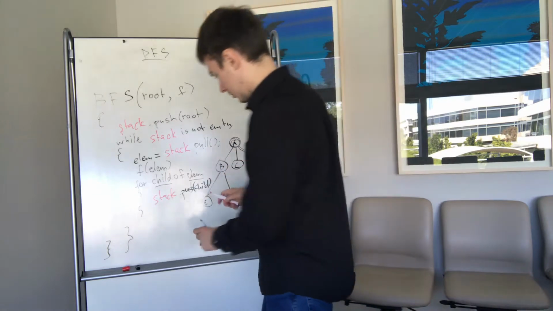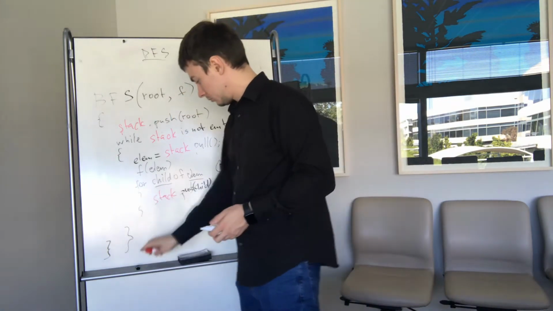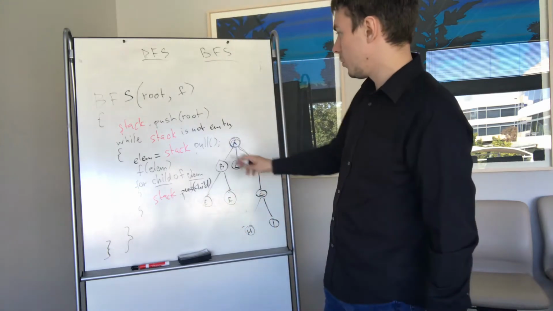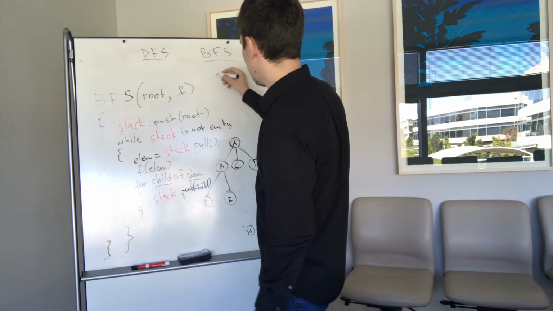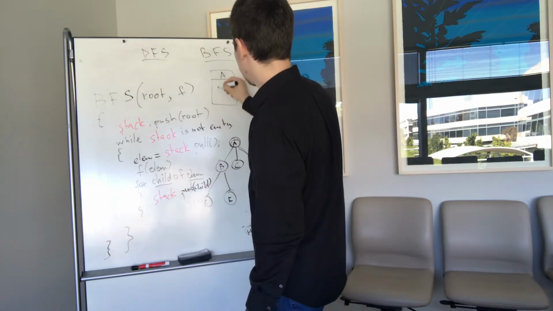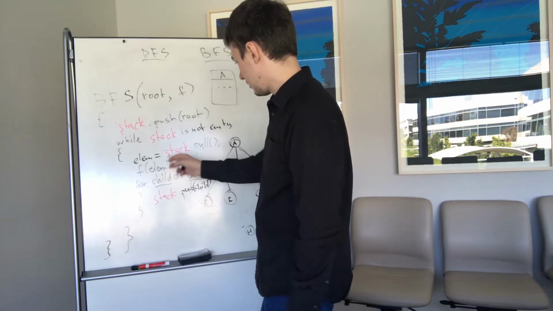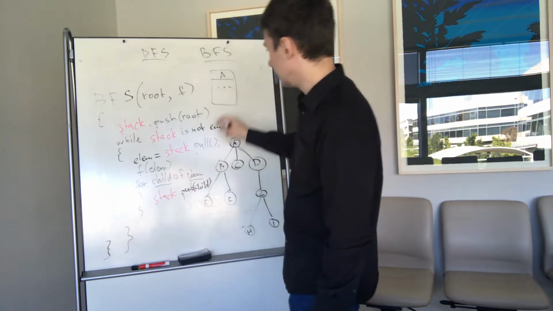First of all, we push an element A to stack. Now our stack looks like this. Okay, we print it. Sorry, we pull it from stack.